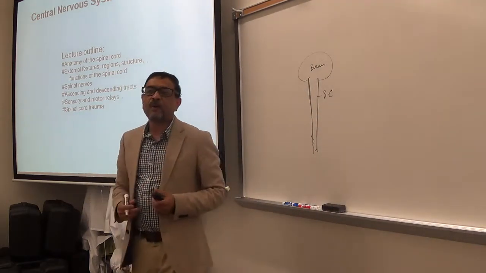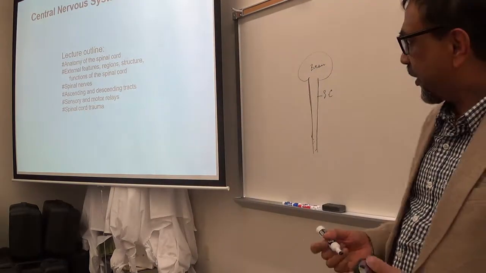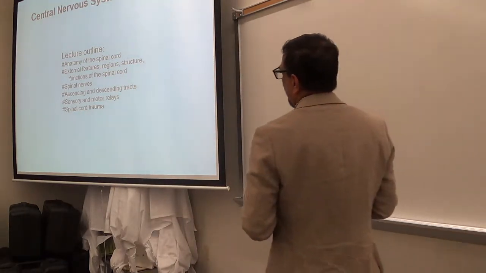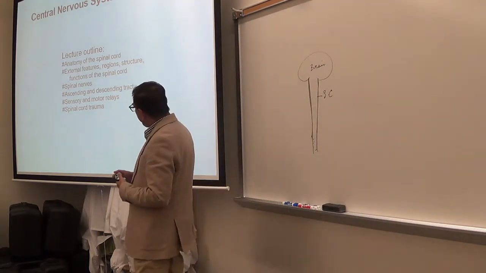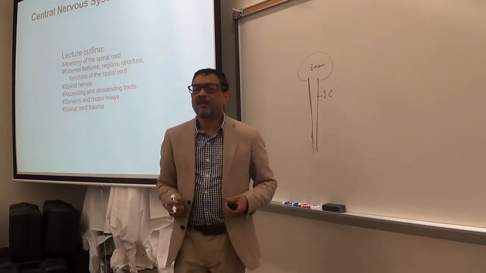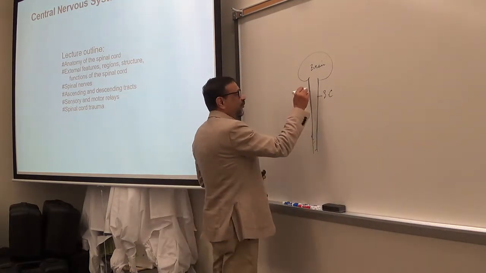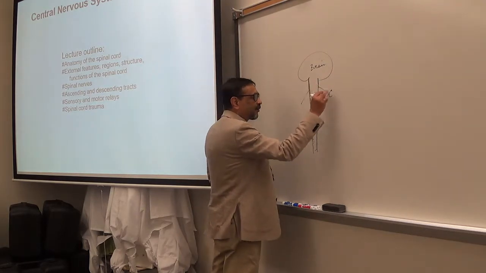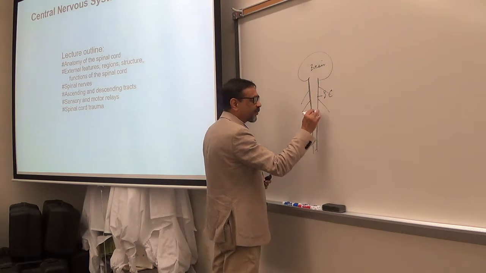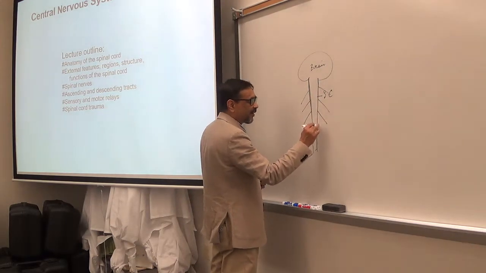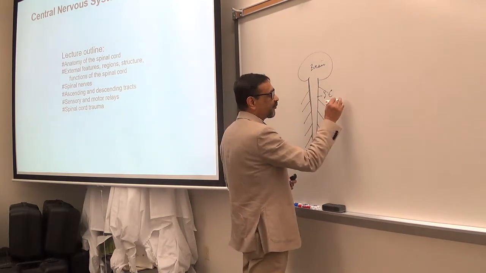First, we'll see the anatomy of the spinal cord. That means the structure, outside and inside. Then we'll talk about the spinal nerves. From the spinal cord, 31 pairs of nerves arise, and those are called the spinal nerves.